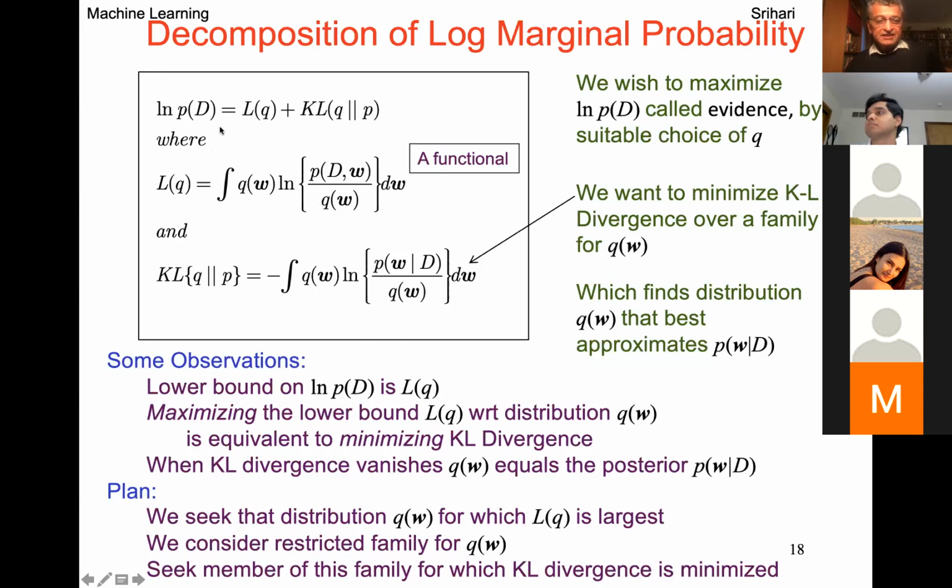So we are tying in D with Q and P over here. And KL of Q, P is the standard definition of Kullback-Leibler divergence. This equation is the integral of Q(W) logarithm of P(W given D) over Q(W) dW. So this D comes in only because we are going to be using the posterior for the W here.